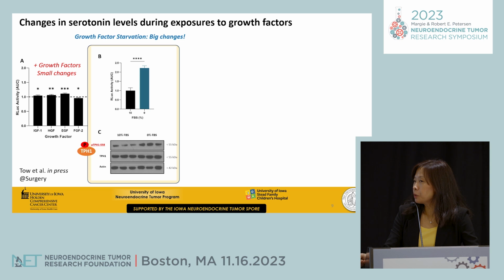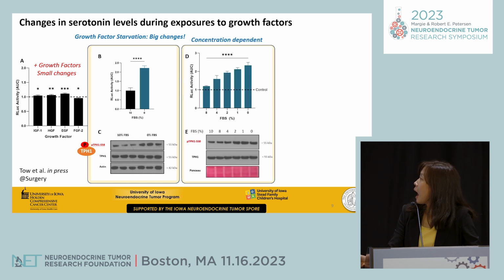When we removed the growth factor, we saw a significant increase in serotonin levels in the cells. We looked at TPH1 expression, and it didn't change much, but the phosphorylated form of TPH1 changed dramatically.